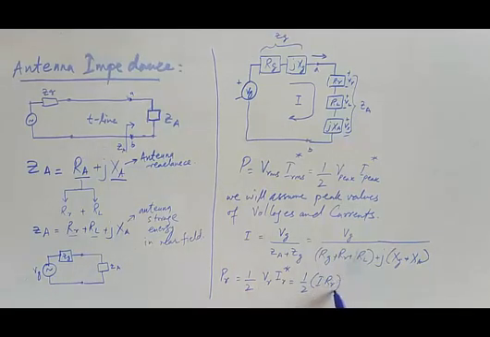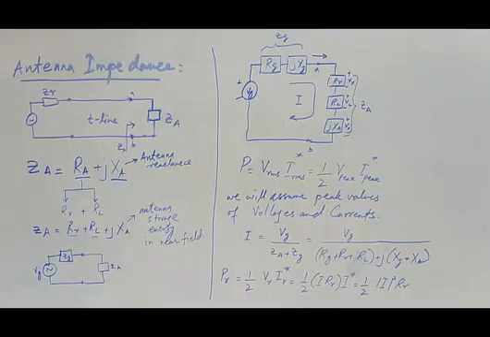So I can also write it like this, and this equates to half |I| squared RR. This equation shows the power radiated by the antenna, which is PR. Actually, the power radiated by the antenna is denoted by PR.